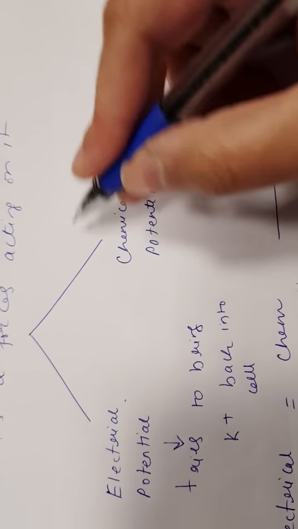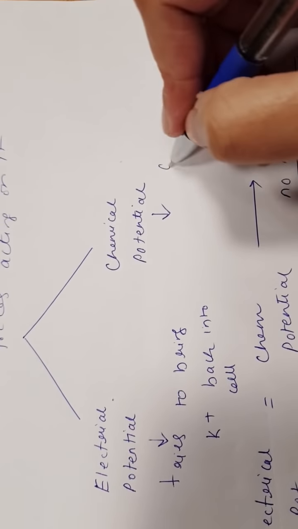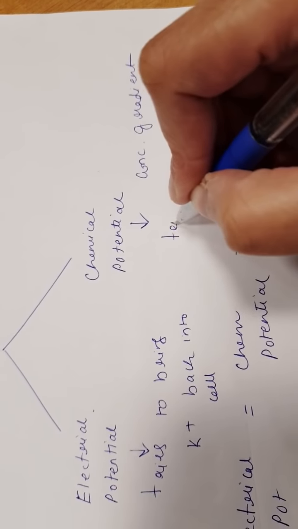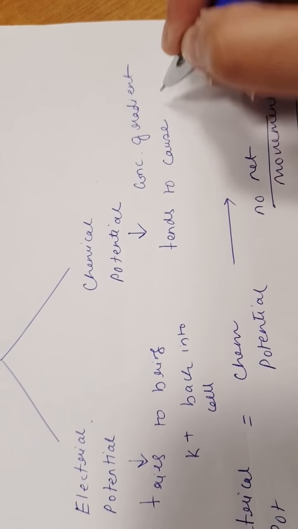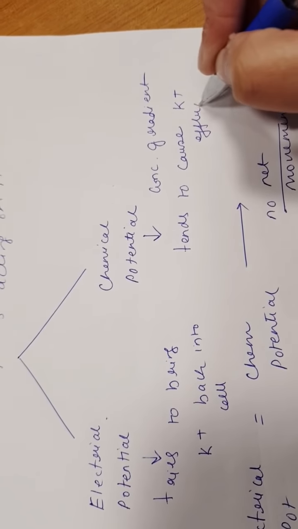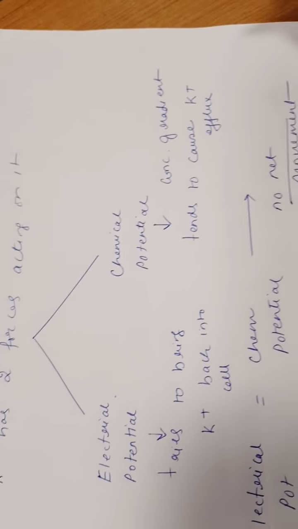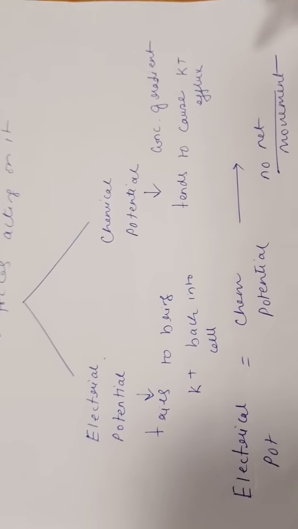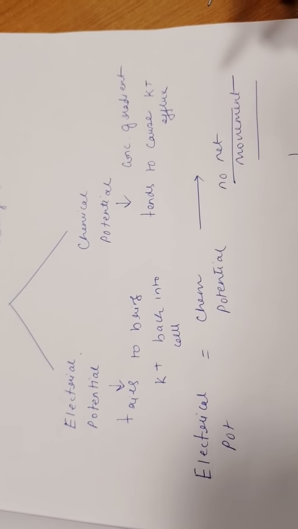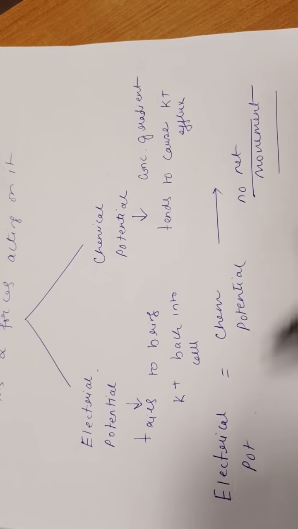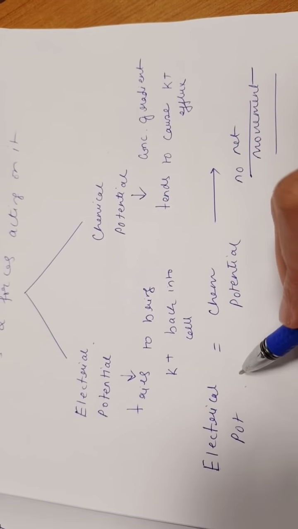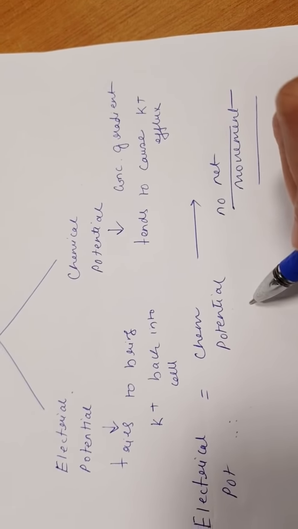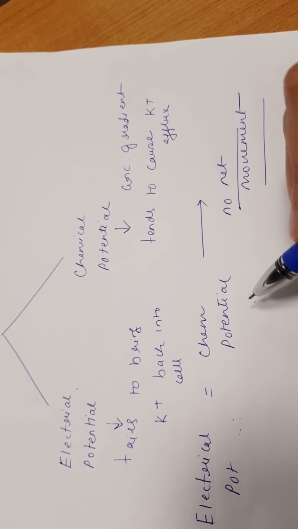And chemical potential, what does it do? This is basically the concentration gradient. This tends to cause potassium efflux. So one force is trying to move the potassium out of the cell, and another force is trying to bring the potassium into the cell. A point is reached where the electrical potential, which is trying to bring potassium back into the cell, becomes equal to the chemical potential, the force that is trying to move the potassium out of the cell.